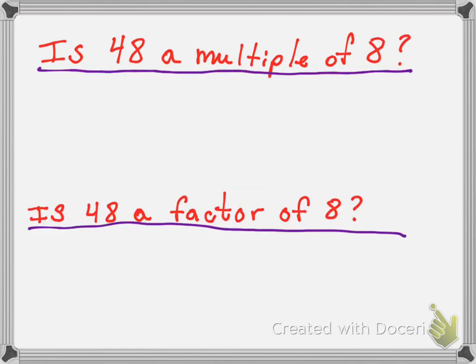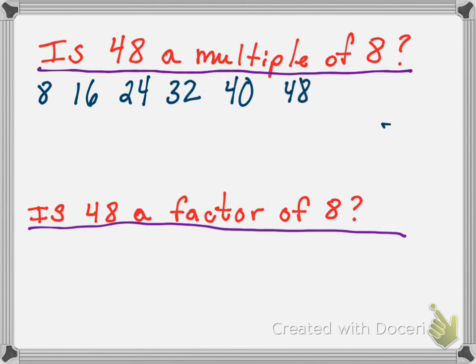Is 48 a multiple of 8? Well, if we count by 8s, let's see what happens: 8, 16, 24, 32, and then another 8 would bring us to 40, and then another 8 would bring us to 48.